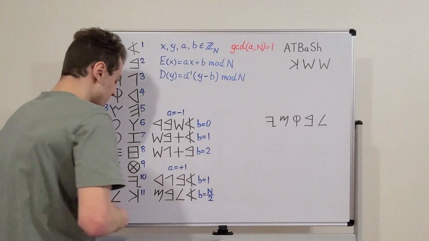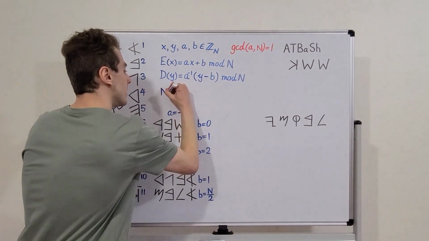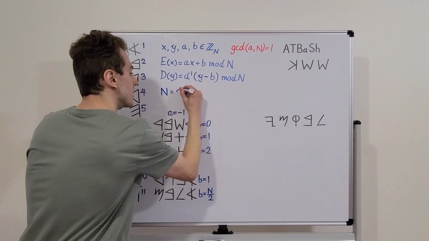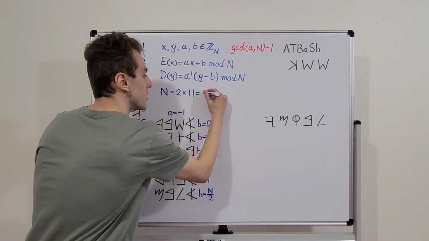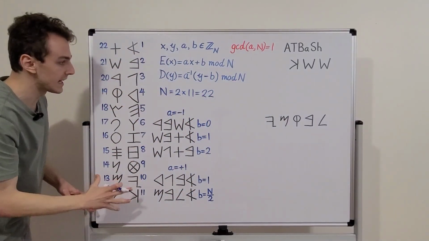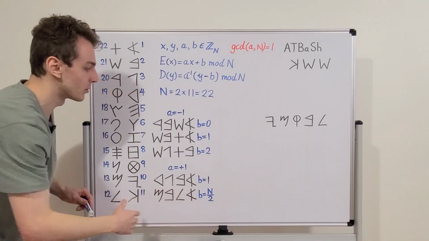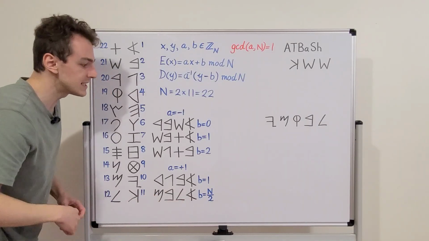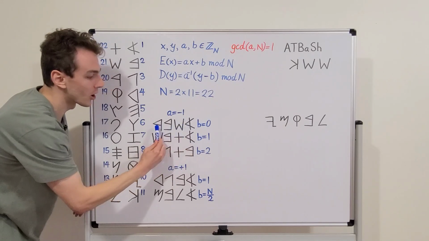Now, let's consider the case where n is equal to 2 times 11, or 22. So here we have 22 letters in total. We're going to consider these 5 examples. So first, let's consider the example that is called AShBaR.